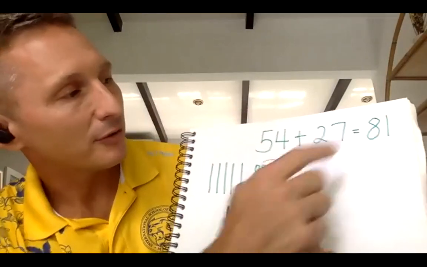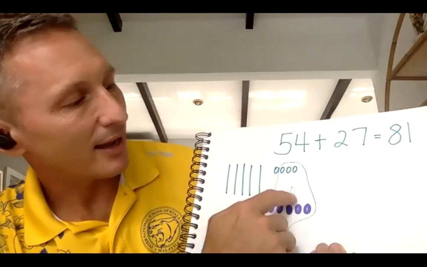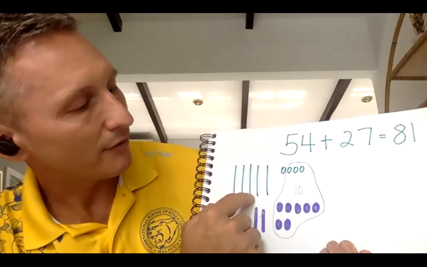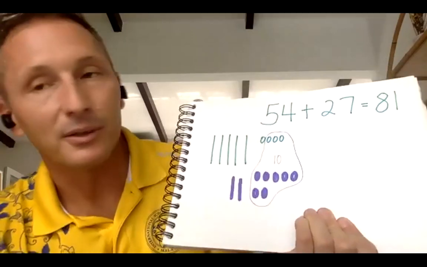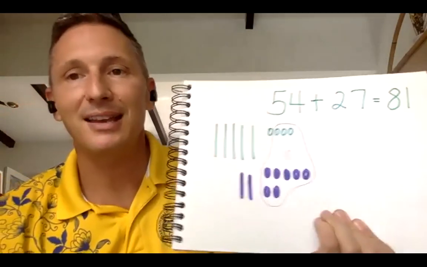So when I then counted for my answer, I had 10, and I had 20, 30, 40, 50, 60, 70, 80, and I had my one little 1 left over. So I got my answer as 81. What did you get?